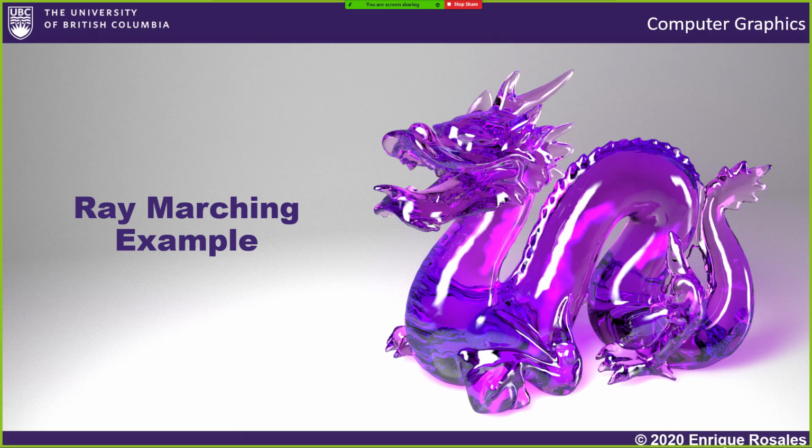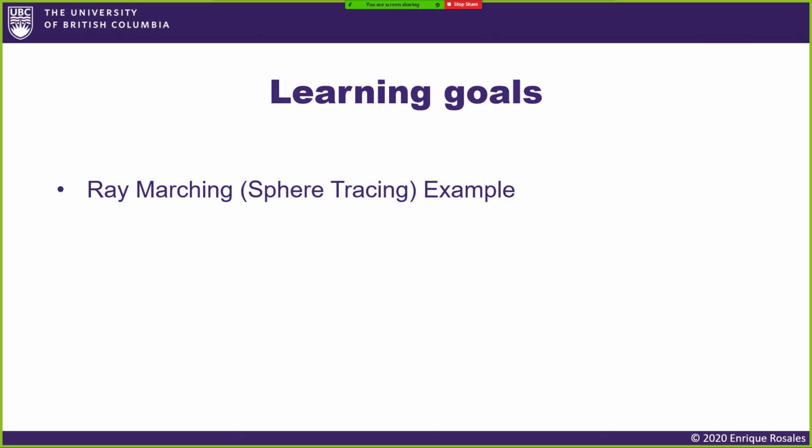But the last one was this strategy of ray marching or sphere tracing, and we were saying that this is very useful when you have a certain type of geometry that is probably not represented by triangles, but you have surfaces that are represented by implicit functions or signed distance functions, right?